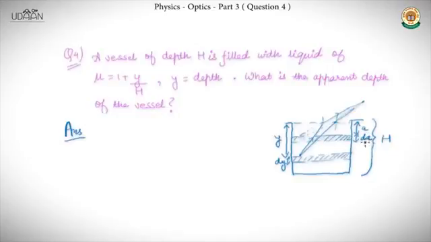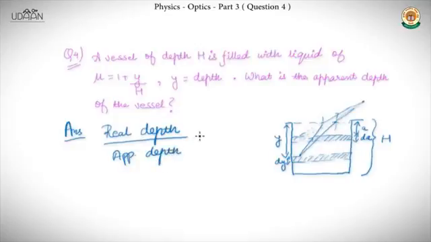So now since we have to find the apparent depth of the vessel, we start with the basic formula that real depth by apparent depth is equal to the refractive index, that is equal to mu.